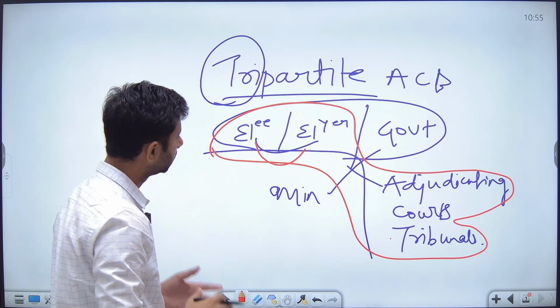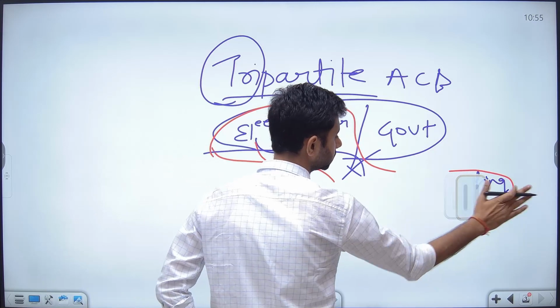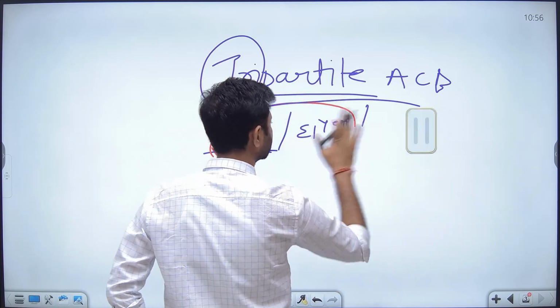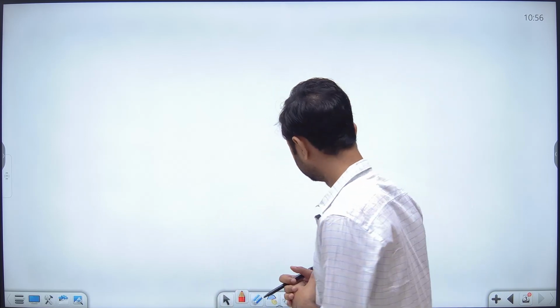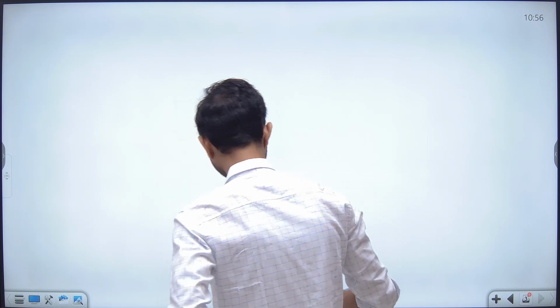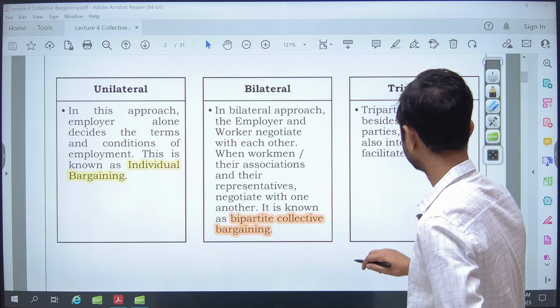In this manner, collective bargaining is a tripartite approach, because it involves three parties. So we've discussed that collective bargaining can be understood based on the parties, and based on the emphasis on which we are talking about. I hope this is very clear to you.